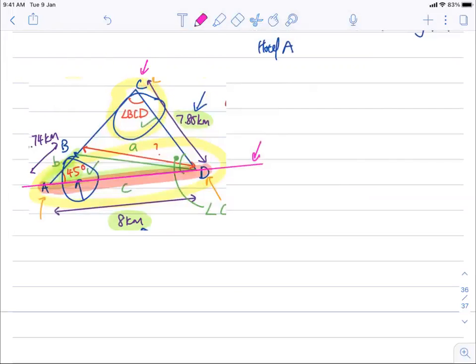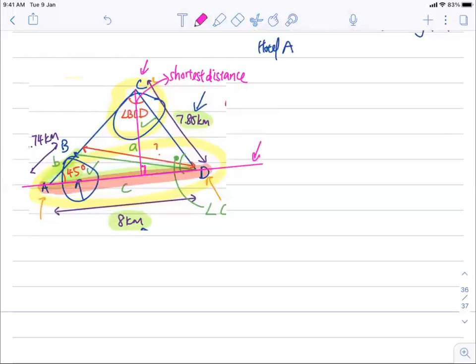C. So the shortest distance of this line and C, obviously, is a straight line from C, right? This one is the shortest distance. And this one will be a 90 degree.